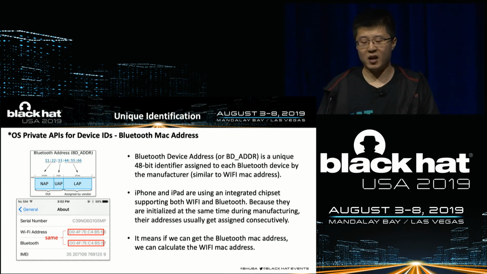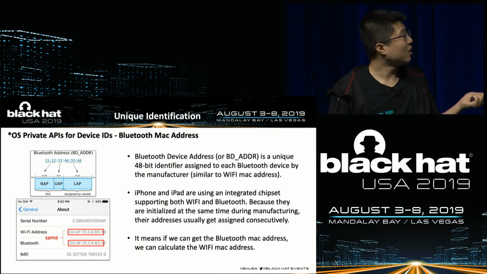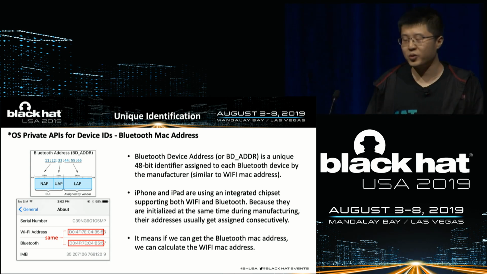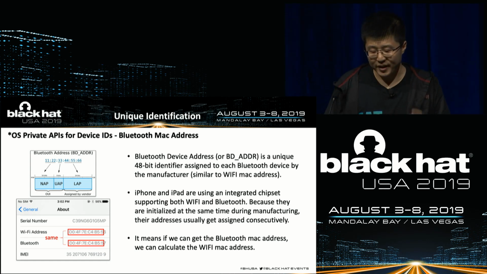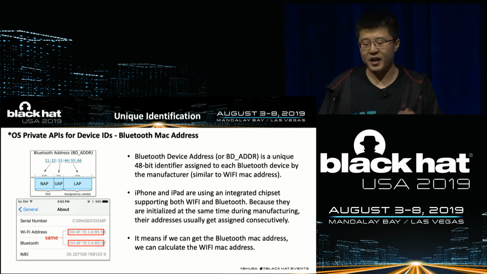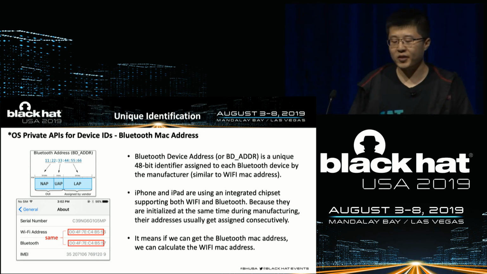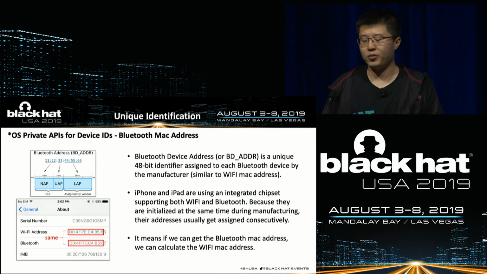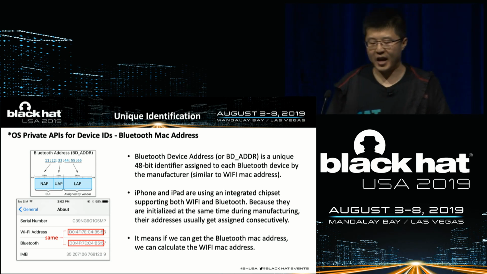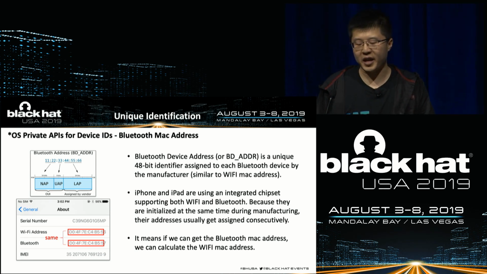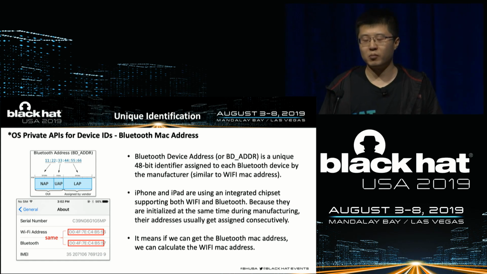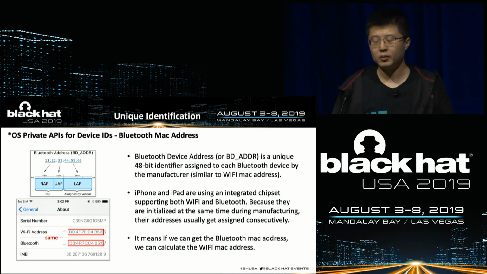Another MAC address on iPhone is the Bluetooth device address. This is a unique 48-bit identifier assigned to each Bluetooth device by the manufacturer, and it is very similar to the Wi-Fi MAC address. iPhone and iPad use an integrated chipset supporting both Wi-Fi and Bluetooth.